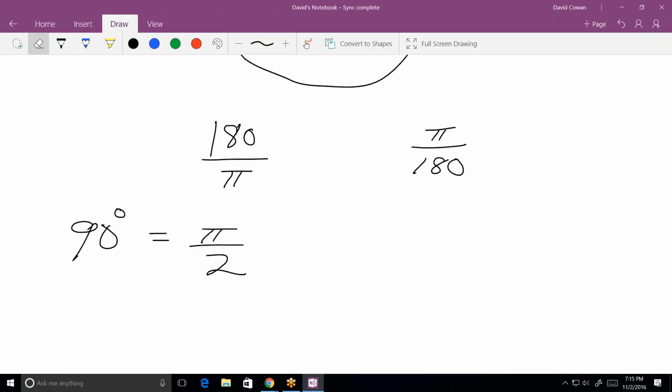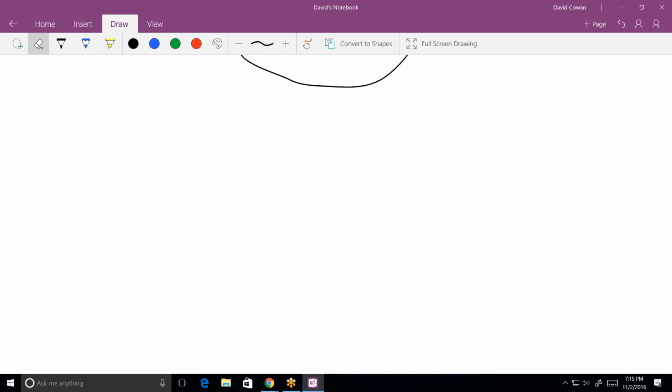You can't deal in degrees. When I say the derivative of the sine is the cosine function, that's only true if the argument is in radians, not degrees. All right. So you know how to convert between degrees and radians.